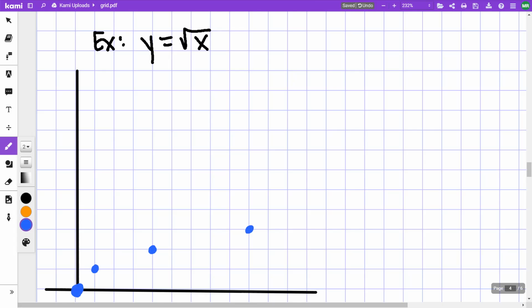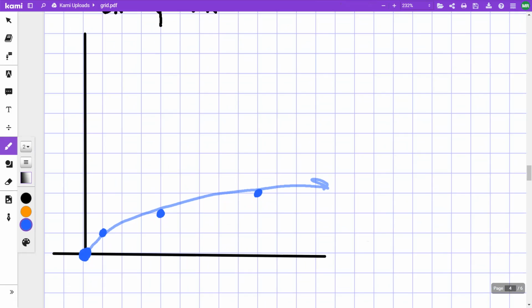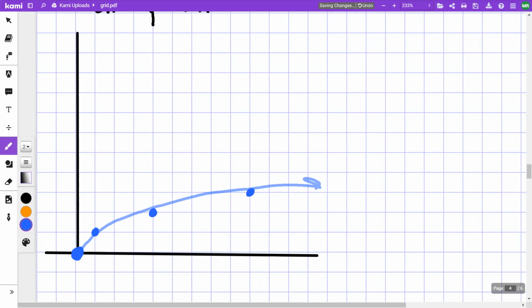And then I can do more. I could take the square root of 16, which is 4, and so forth. But this is going to be my graph. Really what it is, if I took a parabola and turned it on its side, it's half of a parabola. That's really what it is.